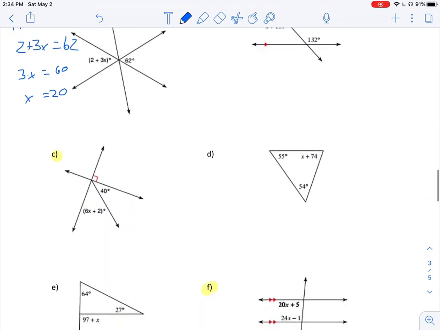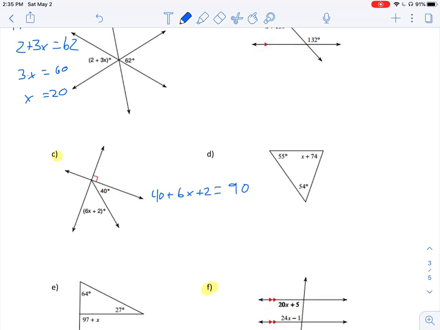Next example I have, scroll down for C. Okay, I'm trying to solve for X. Pieces of information that I know: I know that this is 90 degrees. I've been given 40, and I have 6x plus 2 as the other angle. Since this creates a 90 degree angle, I can say that 40 plus 6x plus 2 is equal to 90.